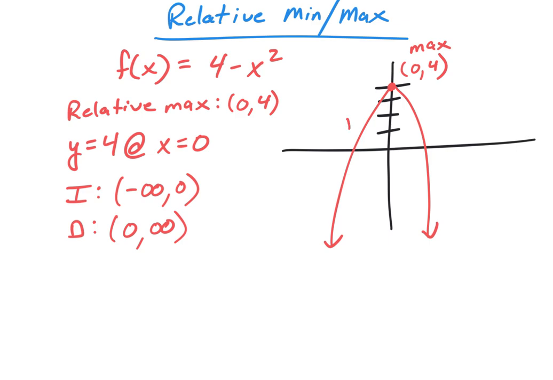Over here it's increasing, over here it's decreasing. Okay, so that one's a parabola, and we found a relative max. Let's do an absolute value function.